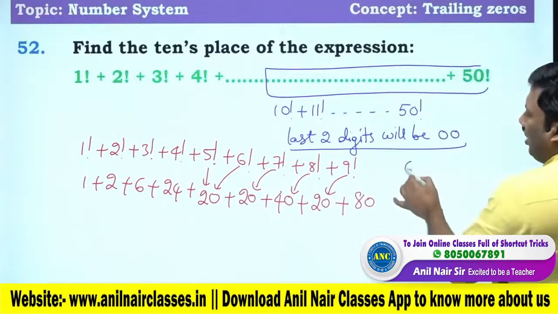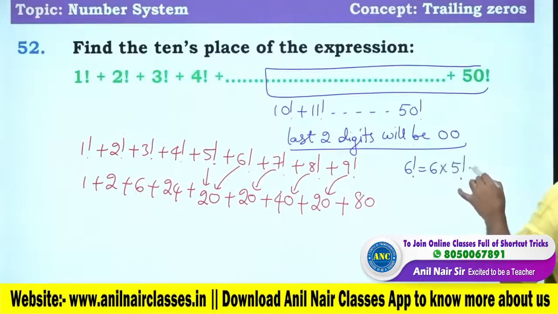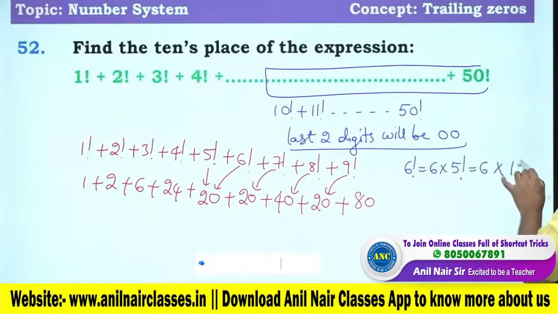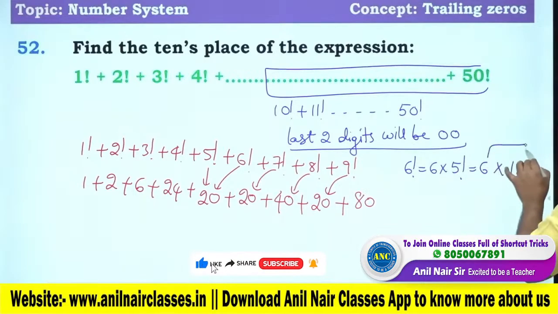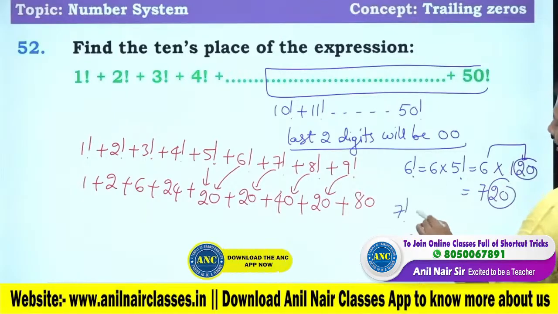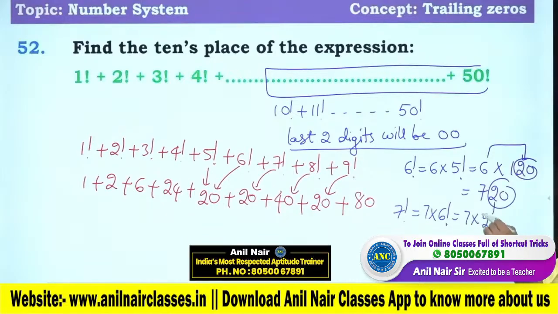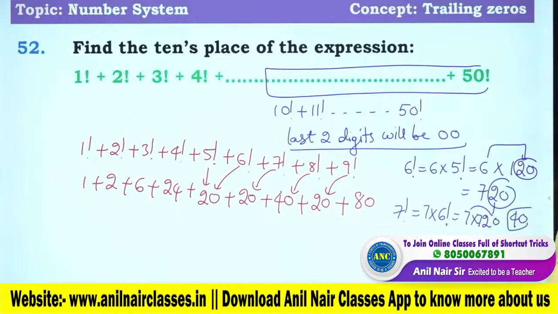Why? Because 6 factorial is 6 into 5 factorial. 5 factorial is 120. Only the focus is on the last two digits. 6 into 20, it is 720. 7 factorial is 7 into 6 factorial. 7 into 20, 40.